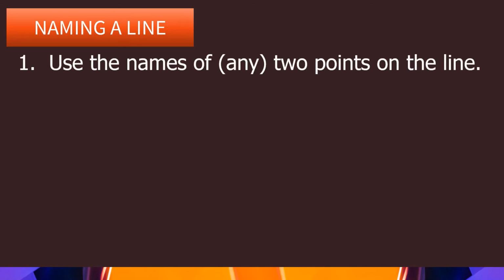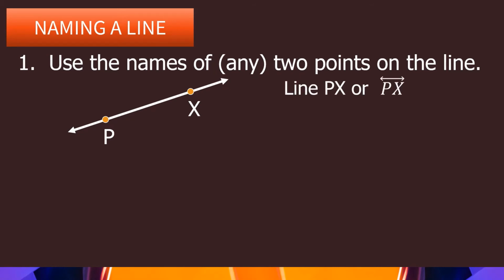We have 2 ways of naming a line. The first one is by using the names of any 2 points on the line. For example, we have these points on the line. So we can name this line as line PX or represented by this symbol.